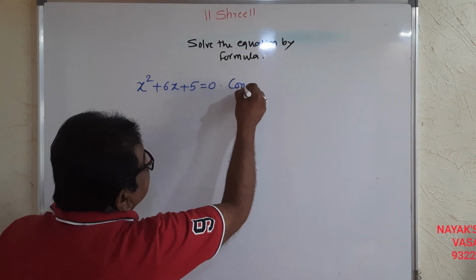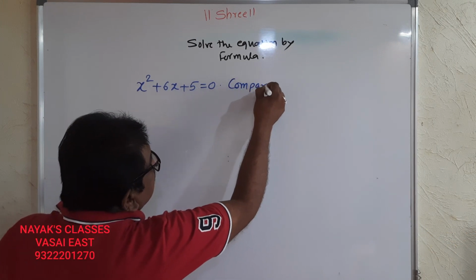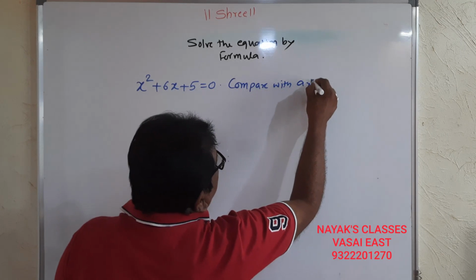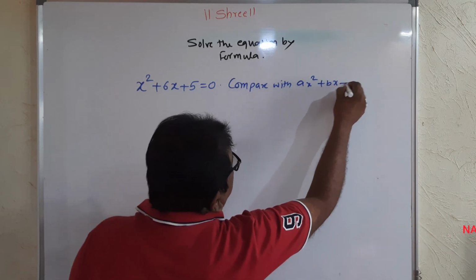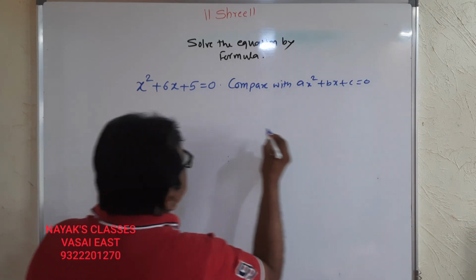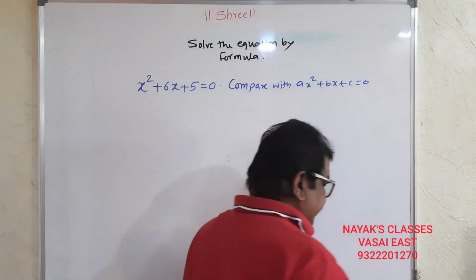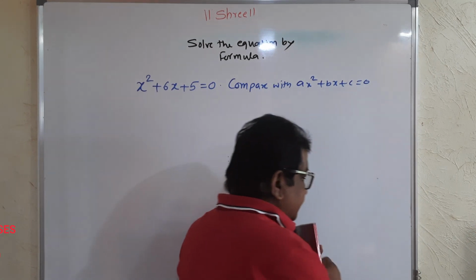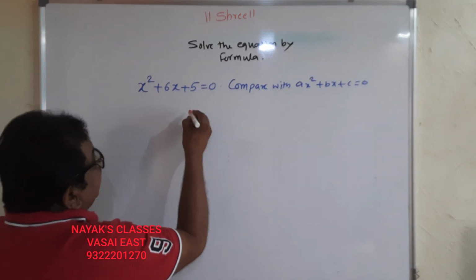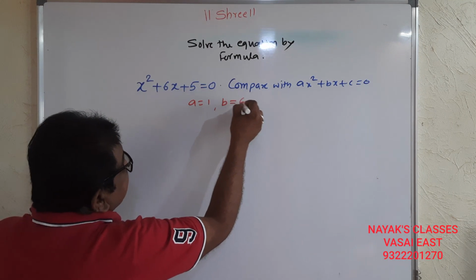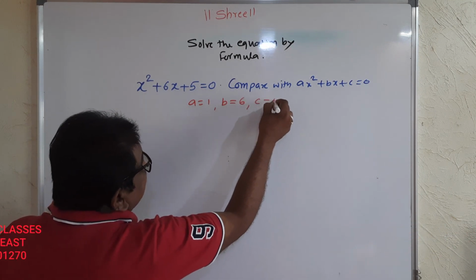Compare with ax square plus bx plus c is equal to 0. What we got is values of a, b, c. So a is 1, b is equal to 6 and c is equal to 5.